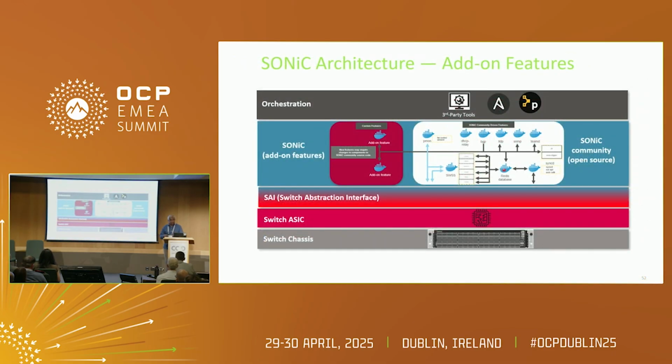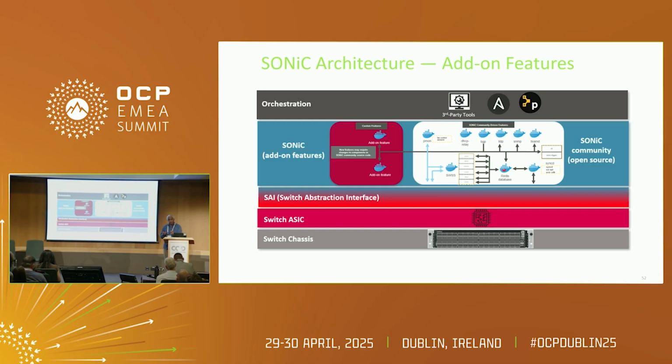So if you were to look at that same diagram we saw earlier, you can see that there is this additional functionality that can be added by add-on third-party containers, right? So someone could definitely implement additional containers into their infrastructure for features that are not in the mainline SONiC distributions that are available in the open source community.